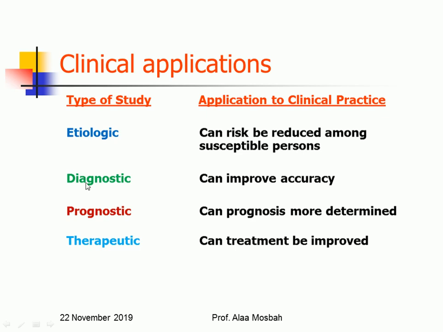Diagnostic: this research may lead to improved accuracy for diagnosis of a certain disease. So it is very important. Prognostic: the research can help make prognosis more determined. Therapeutic: the research can help to improve the treatment for a certain disease. So this is the clinical application for research.